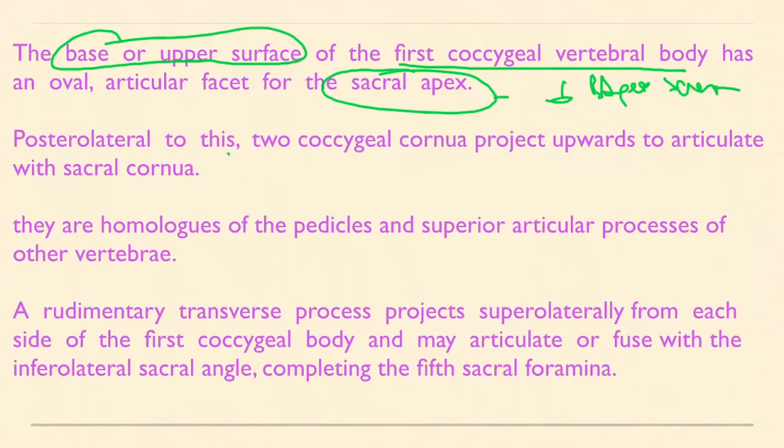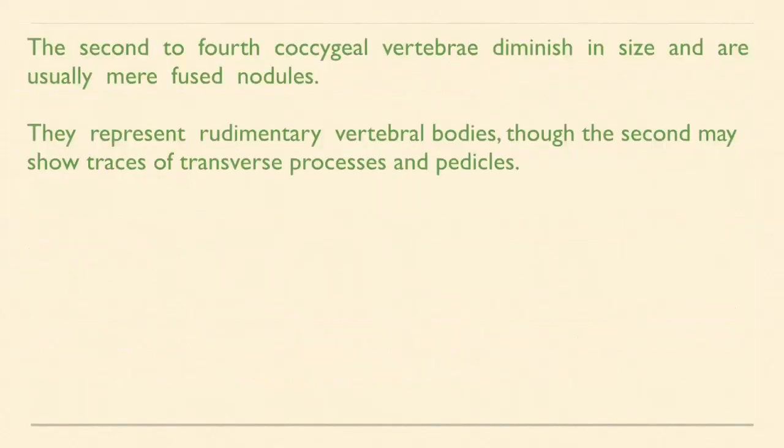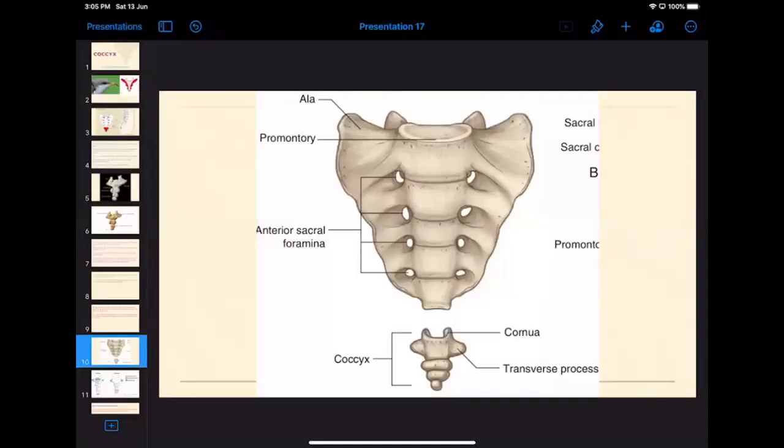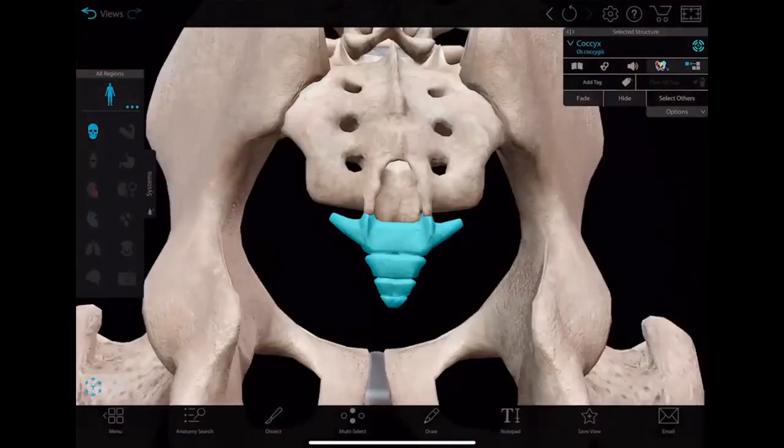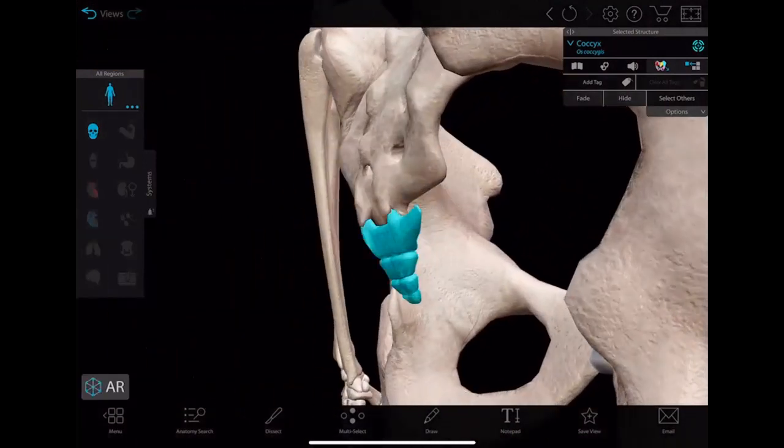Posterolateral to these, 2 coccygeal cornua project upwards to articulate with the sacral cornua, right? We have seen this in the previous class. See, these are the cornua. Okay, these articulate with the sacral cornua, right?